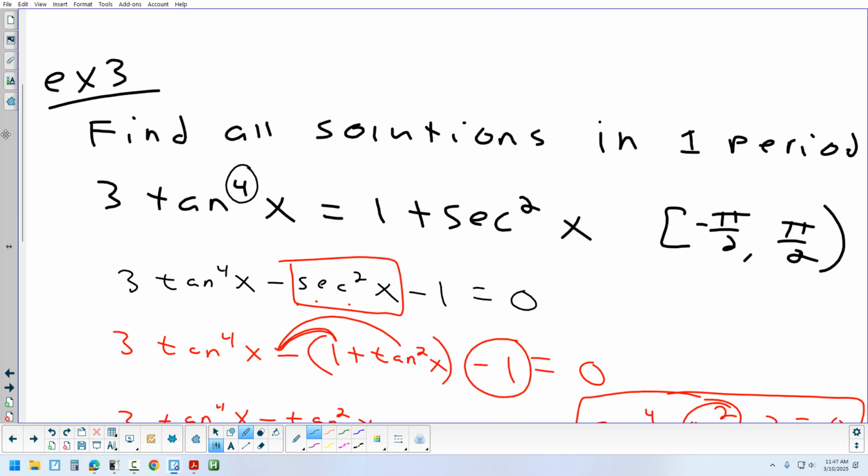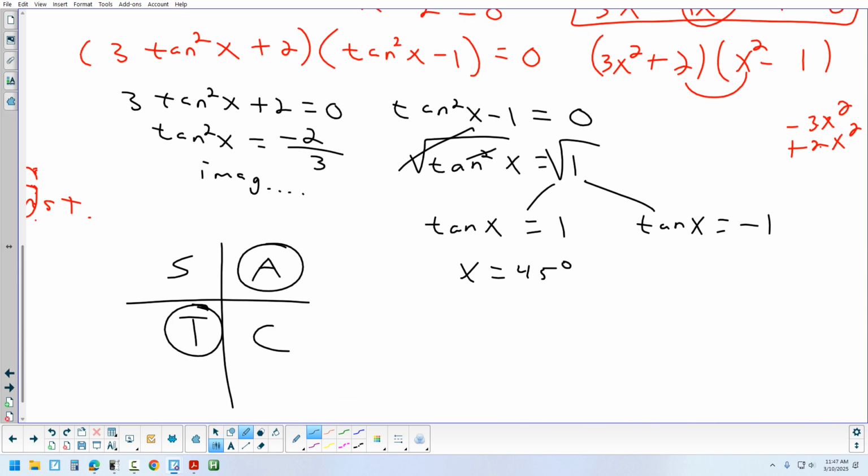They said that, for whatever reason, they want answers between negative pi over 2 and pi over 2. Is quadrant 3 between negative pi over 2 and pi over 2? No. This quadrant, the red zone, we're not going to go in the red zone. This is pi over 2, this is pi.